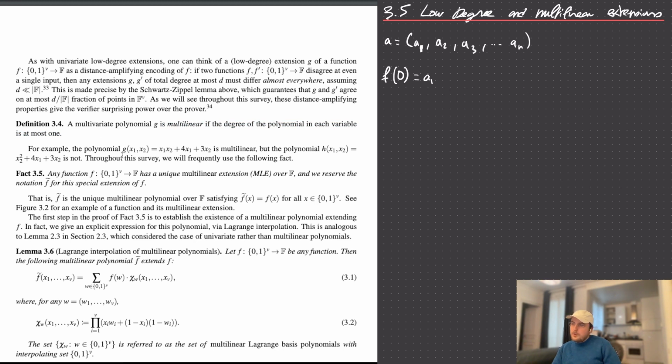For example, the polynomial g of x1, x2, a multivariate polynomial, equals x1x2 plus 4x1 plus 3x2, is multilinear because the degree is at most 1. But the polynomial h of x1, x2, with x squared, is not.